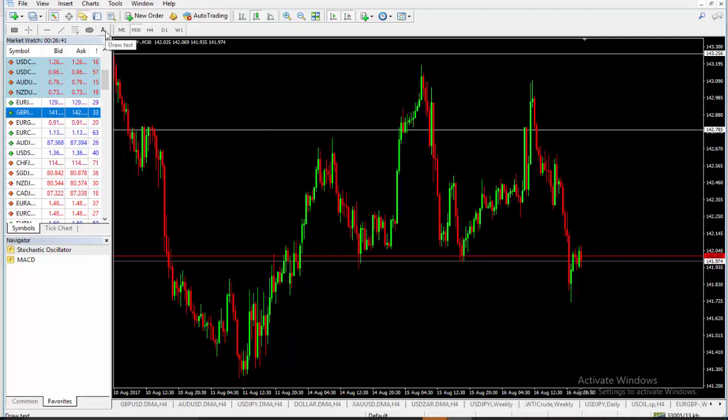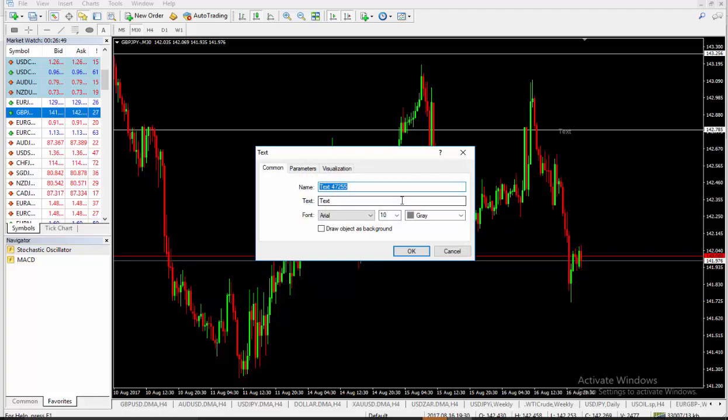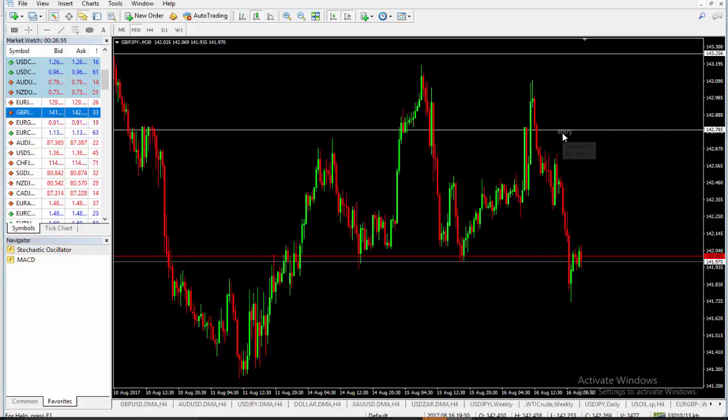Alright, so our entry is here. Alright, entry. Let's say this is our stop loss.